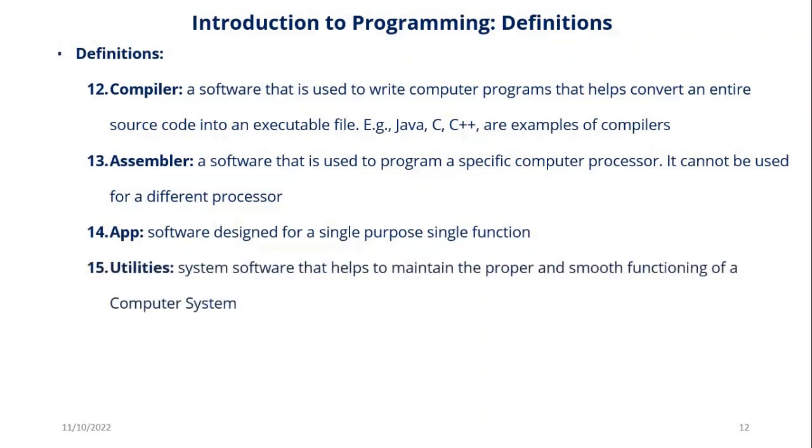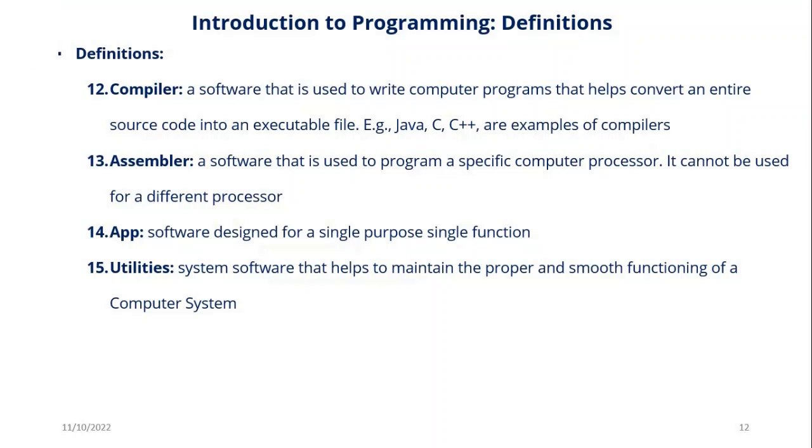Utilities. Utilities are system software. Remember, we mentioned operating system as a software before. Now, operating systems don't just function alone. There are also a lot of supporting software that make an operating system function.